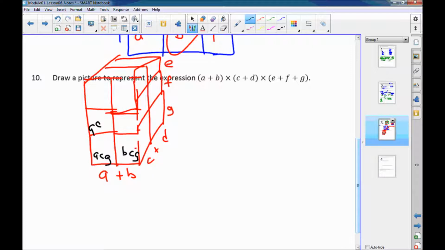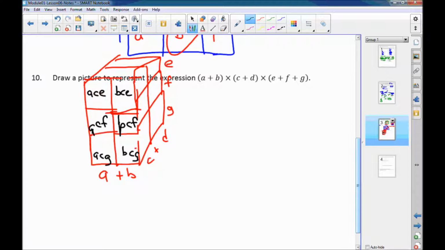So A, C, F. And then we have B, C deep, and F tall. So B, C, F. And on the very top, we have A, C, E for this volume, and B, C, E for this volume. Okay, so that gives us 6 pieces.